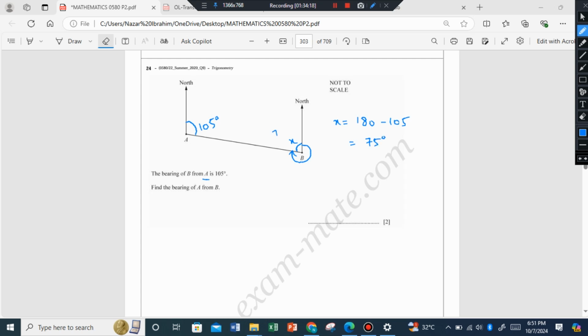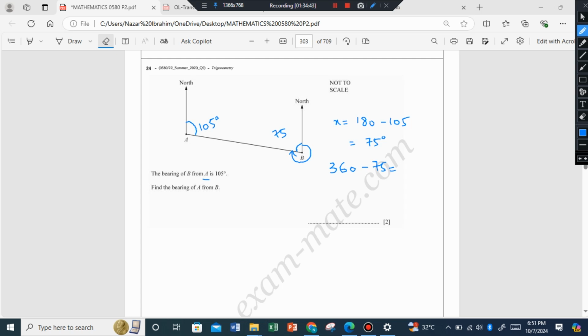So this angle is found to be 75, and now we want to find out this angle. This whole is 360. So 360 minus 75 will give me the bearing of A from B, which is 285.